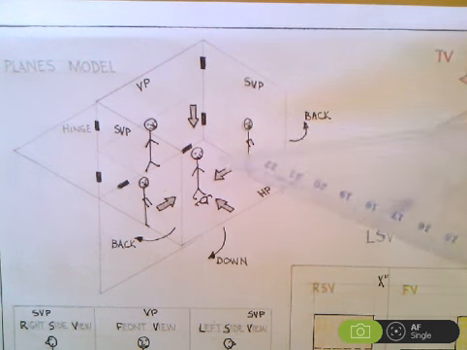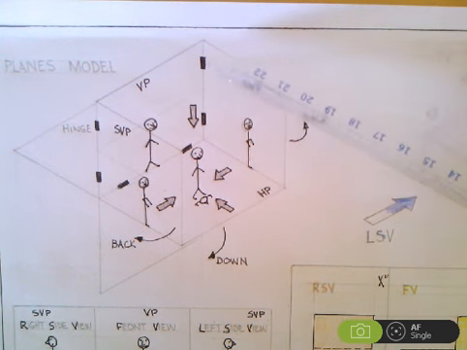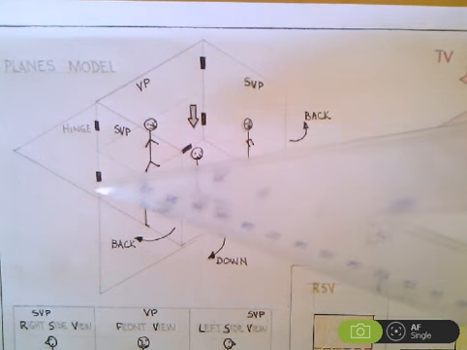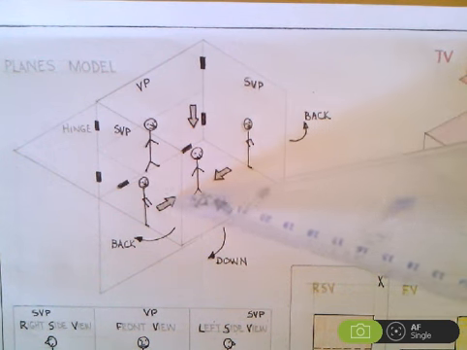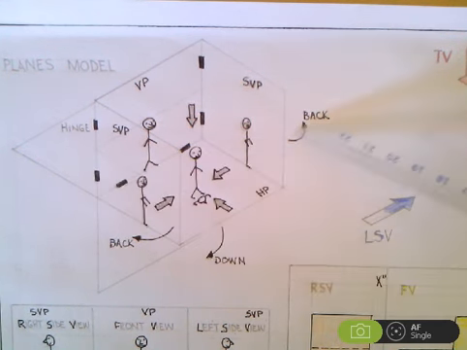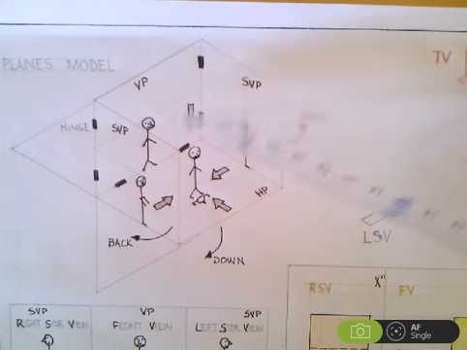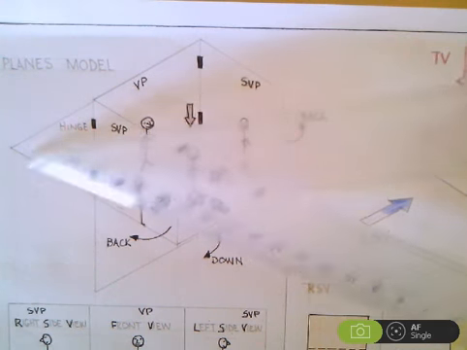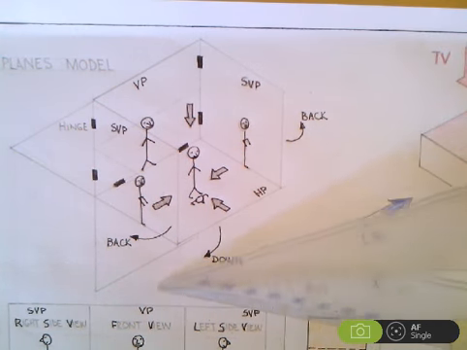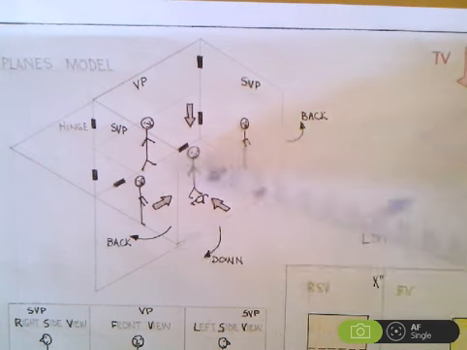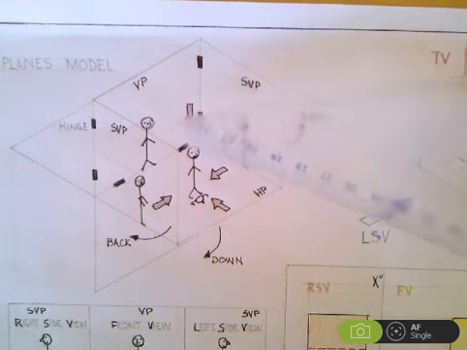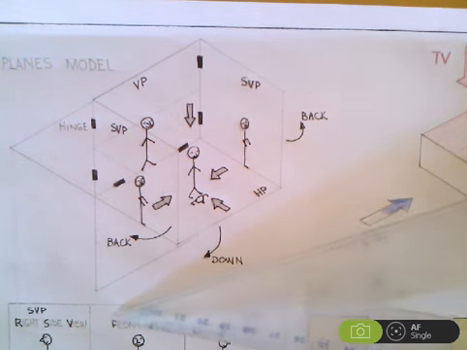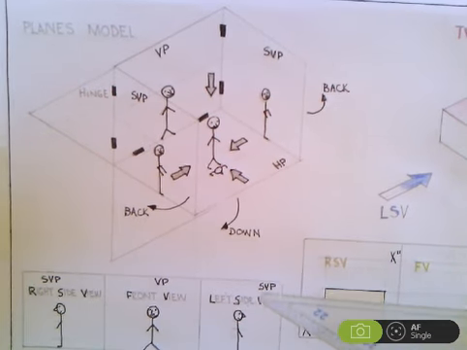Now, like I said, if this was hinged at these corners, and I take this side vertical plane and I open it up on the side here and that one, so that the side vertical plane, the other side vertical plane and the vertical plane are in line with each other, and I drop the horizontal plane to the bottom, which is also in line with those two, I end up having this situation over here, which is what we are looking for.